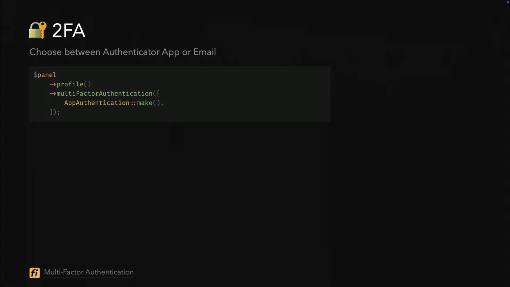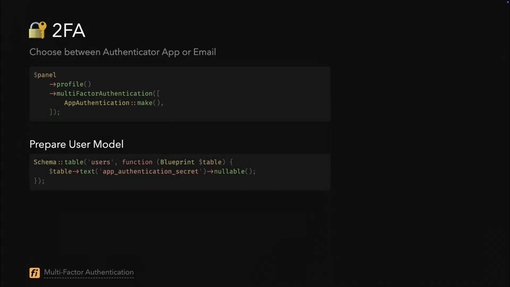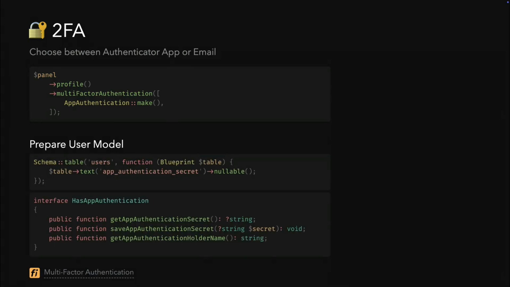And you need to decide which multi-factor authentication method you want to use. You can either use an authenticator app like Google Authenticator or Authy or similar, or you can send the users one-time passwords via email. And depending on the method you want to use, you need to add some database columns for storing and implement an interface for getting and storing that data.